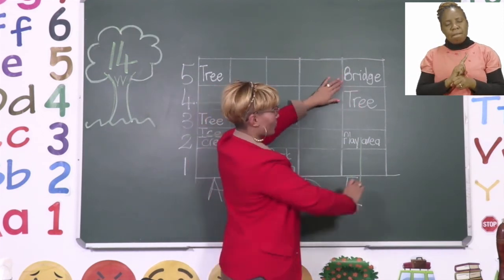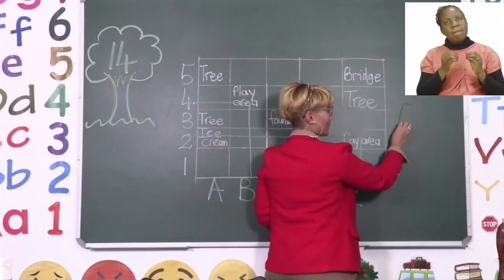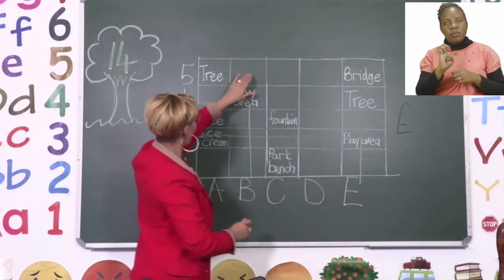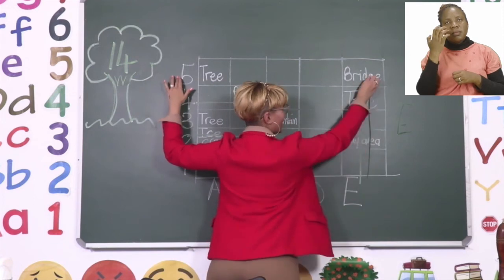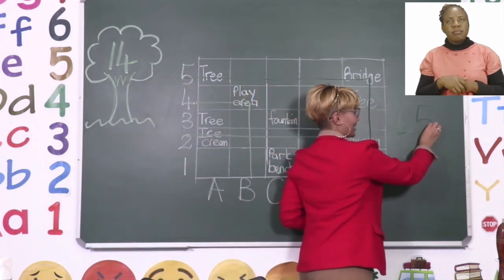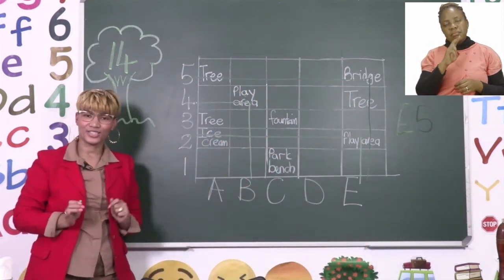So the bridge is in column E. 1, 2, 3, 4, 5. So E5 for the bridge, and that will then be the location for the bridge.